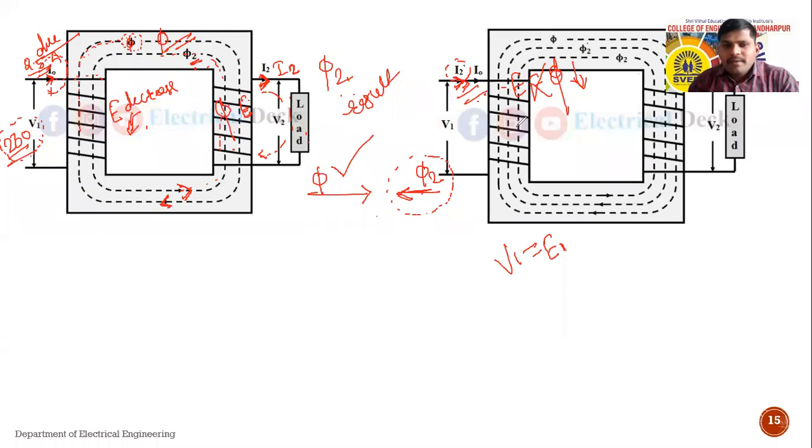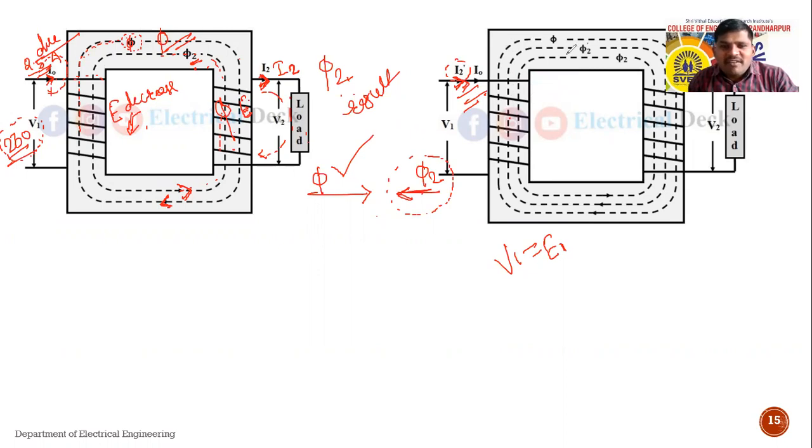That I2 current will start flowing from this primary winding, and it will again set up some flux in the primary winding. I2 काय करेल, काहीतरी फ्लक्स प्रायमरी वाइंडिंग मध्ये सेटअप करतोय. Now see, I2 will produce some flux in the primary winding.